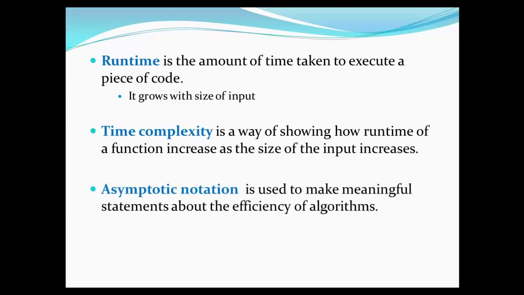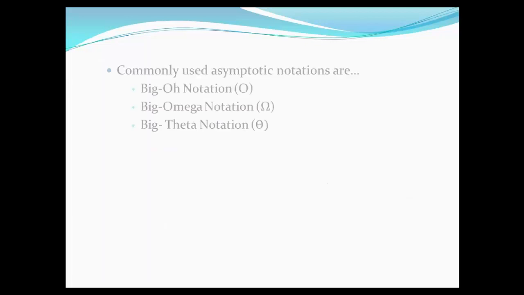Asymptotic notation is used to make meaningful statements about the efficiency of algorithms. These notations help us to make approximate but meaningful assumptions about the time and space complexity. Some commonly used asymptotic notations are big O notation, big omega notation and big theta notation.